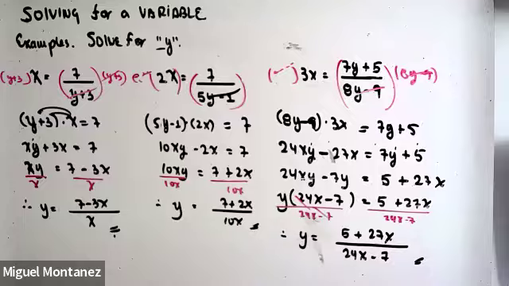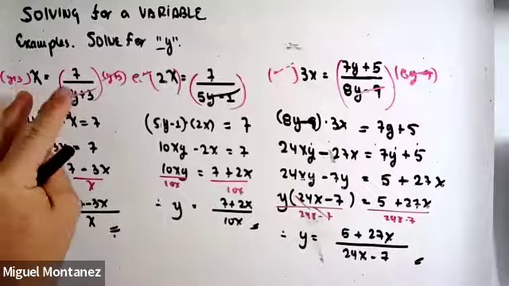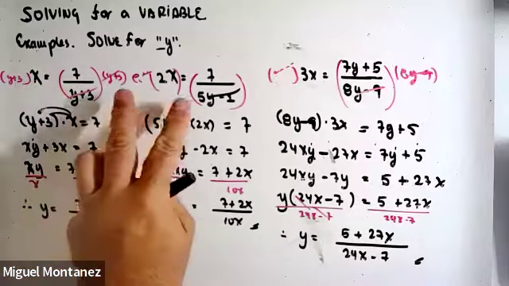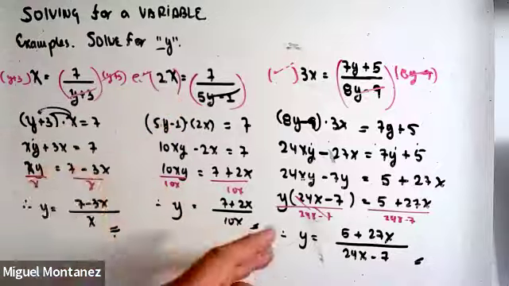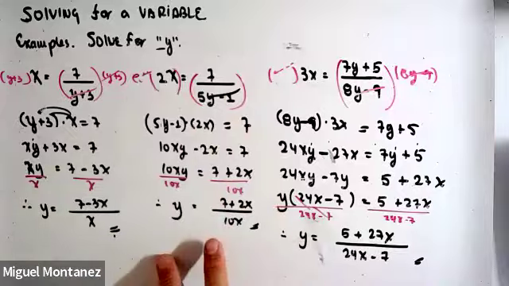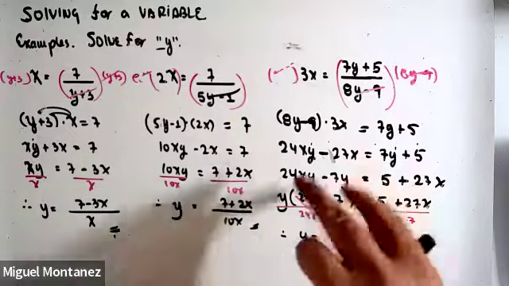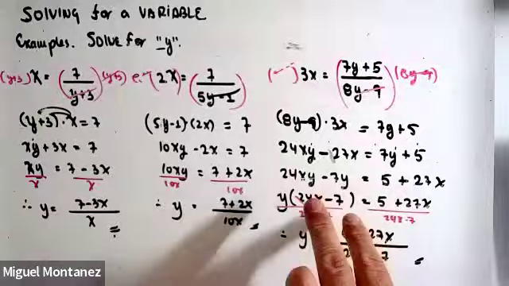So notice that they are almost the same steps, but if you have a fraction, your LCD will take care of the fractions. You may want to then break the parentheses and divide accordingly. Now, if you have more than one term that contains the variable, then you have to do the dancing, moving the terms.